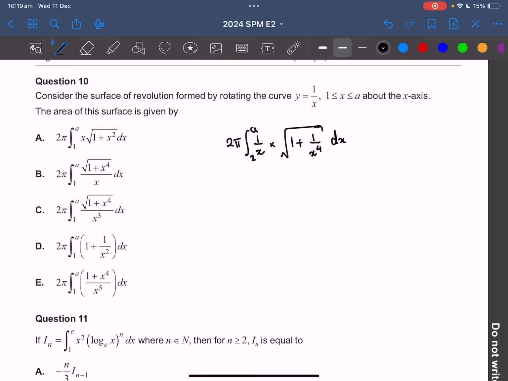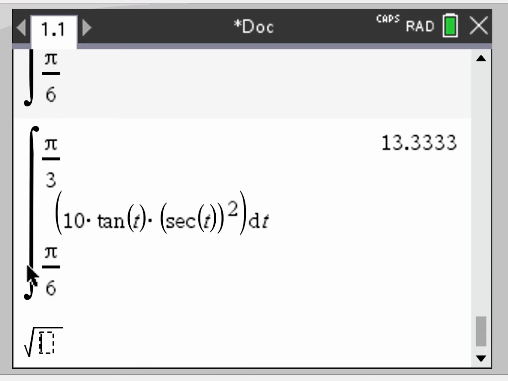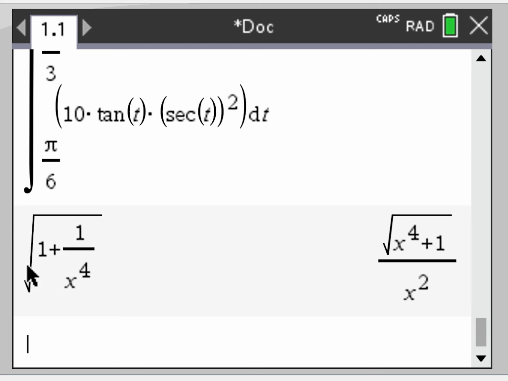So maybe what I can do is, I guess we can try writing this down in our calculator and see if it gives us an alternative format. Maybe that could work. So let's do square root of 1 plus 1 on x to the power of 4. Okay, it did. So let us copy that down.